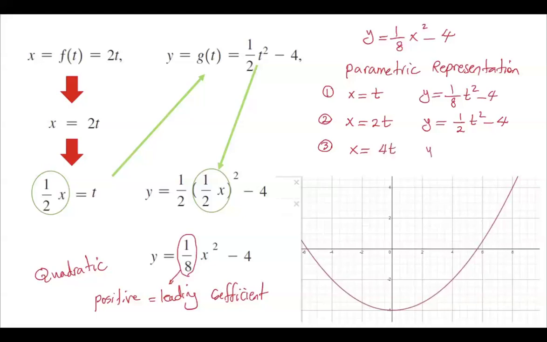Why not? So your y becomes 16t squared divided by 8, or 2t squared minus 4. You can continue this process. No one's stopping you. As long as you have correct algebra behind it, you can have unlimited parametric representations for a function or a curve.